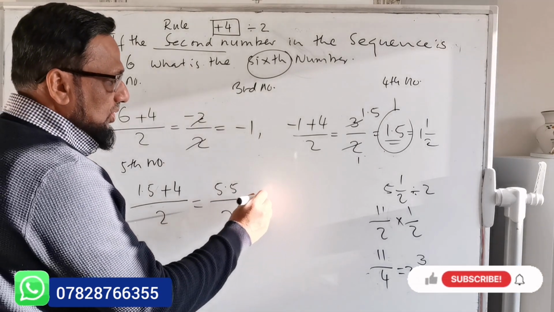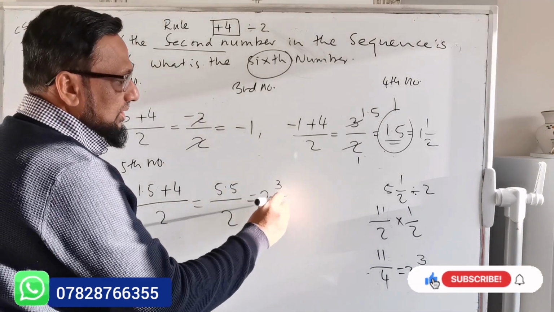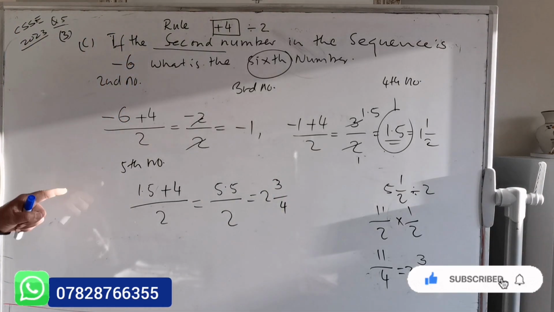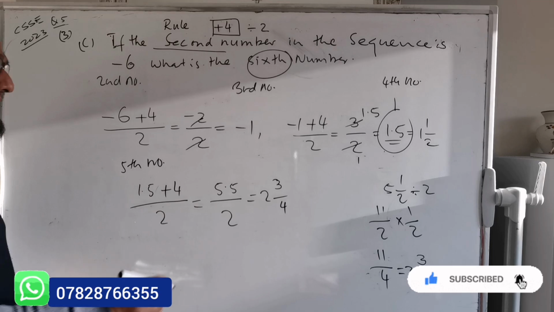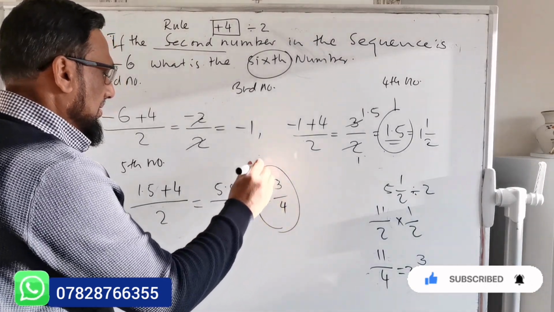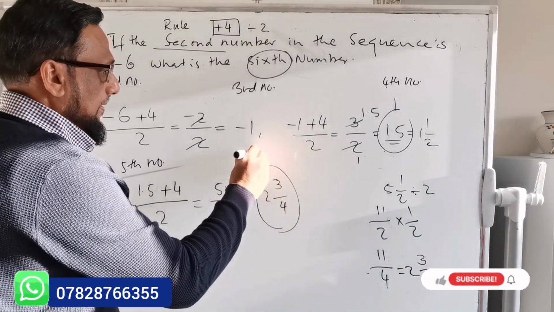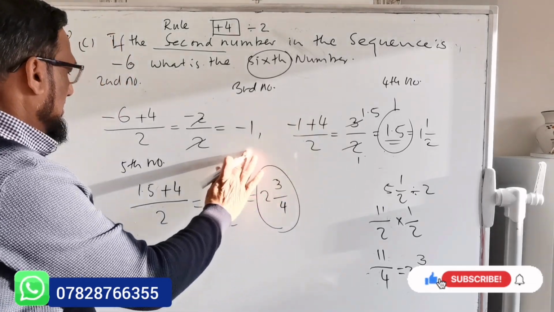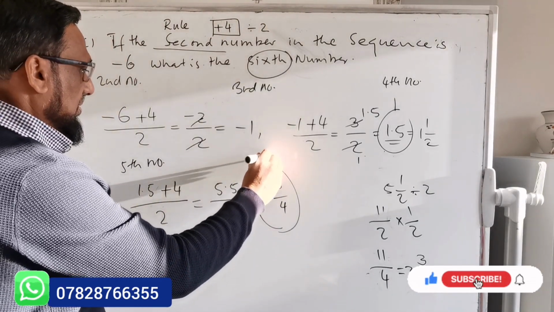So the answer is 2 and 3/4. This is our fifth number.